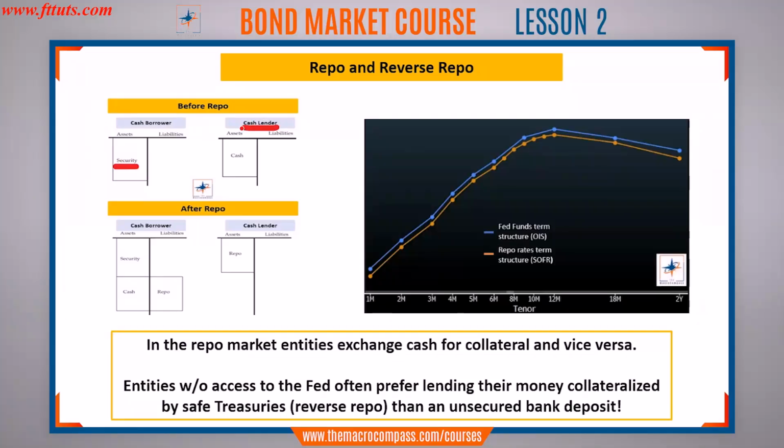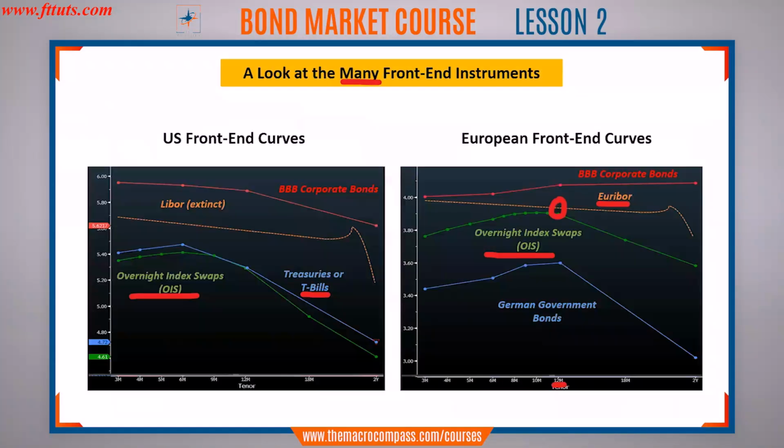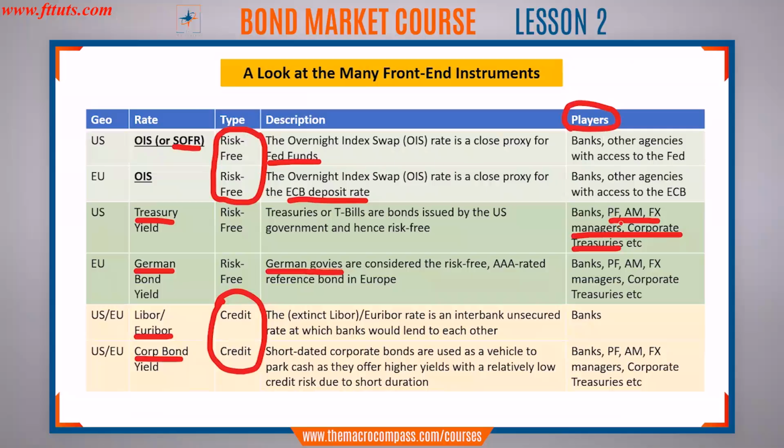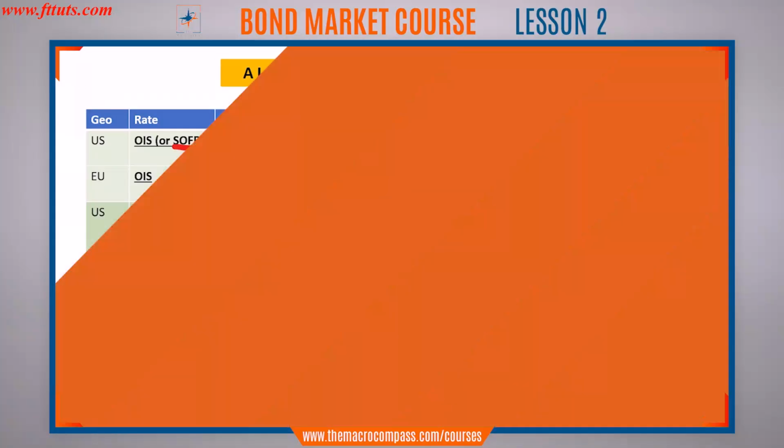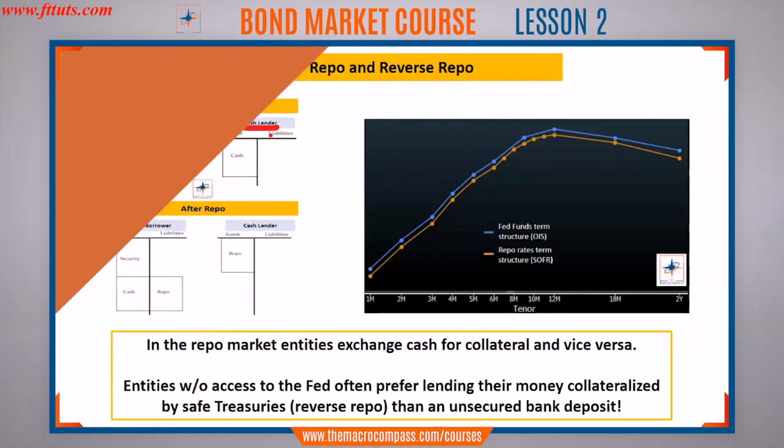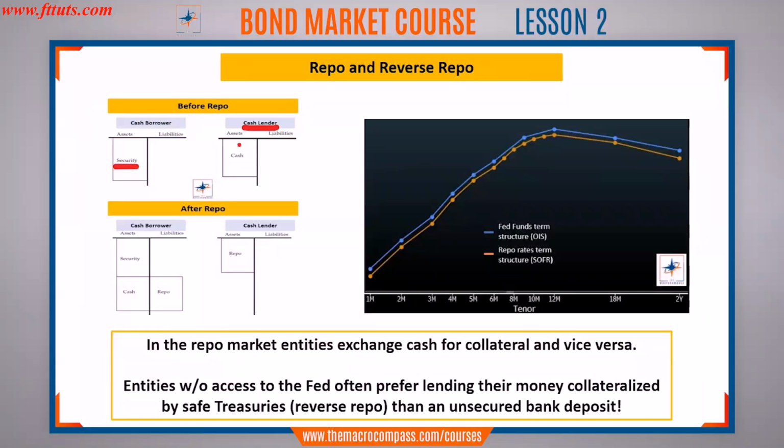Now, remember, why would people actually be on the cash lending side? Those are the very same guys that have no access to the central bank: pension funds, asset managers, etc. They are looking for a way to turn their cash into a safer form of overnight deposit. Why is this not safe?